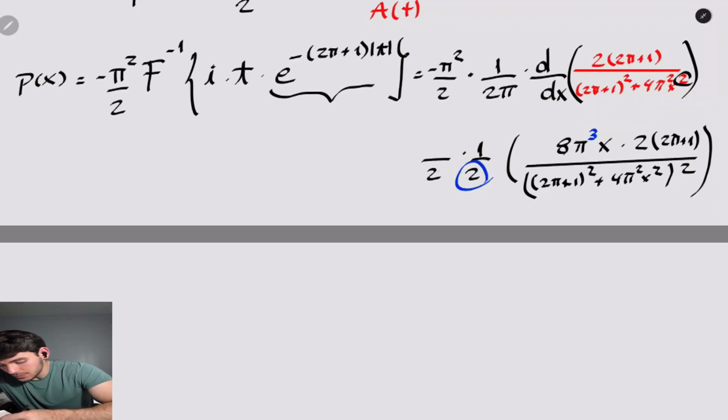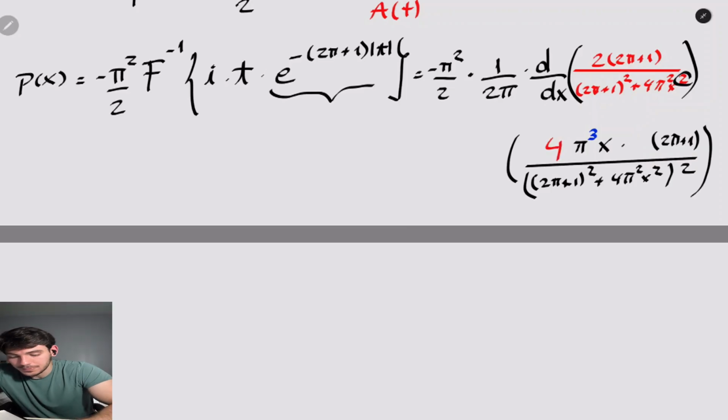This 2 with this 2, that's a 4. And 8 divided by 4, that's 2. So I'll erase all that, put a 2 here. 2 with 2, that's 4. So I'll erase that as well, put a 4. And I guess that's all we can do to make it better.